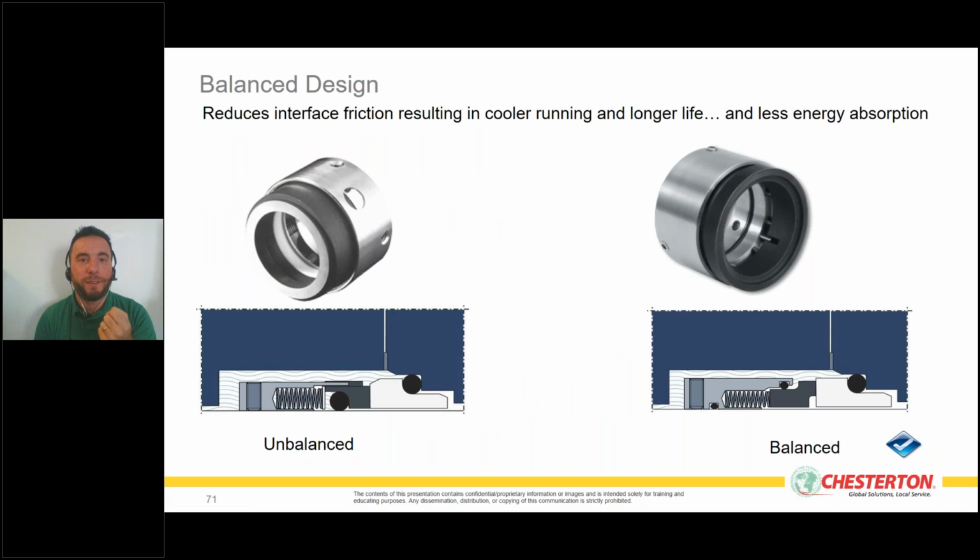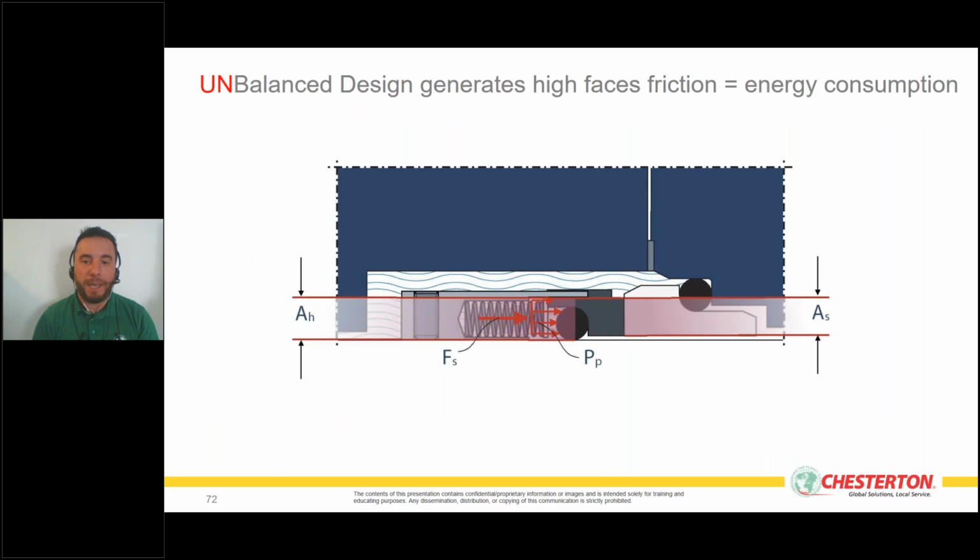So as a conclusion, what is the topic behind the balanced design? A balanced mechanical seal reduces the interface friction, resulting not only in cooler running and longer life, but also in less energy absorption. Let's see in detail what is a non-balanced mechanical seal.